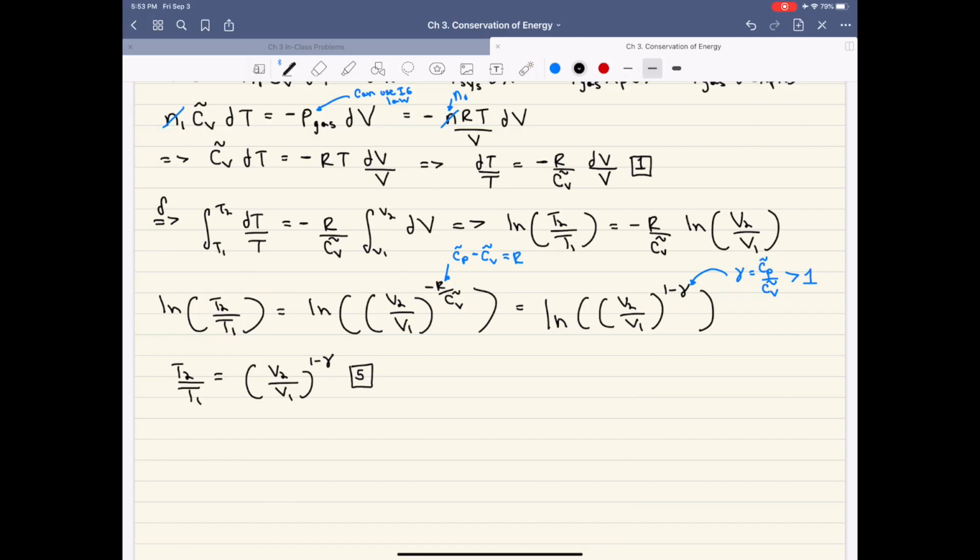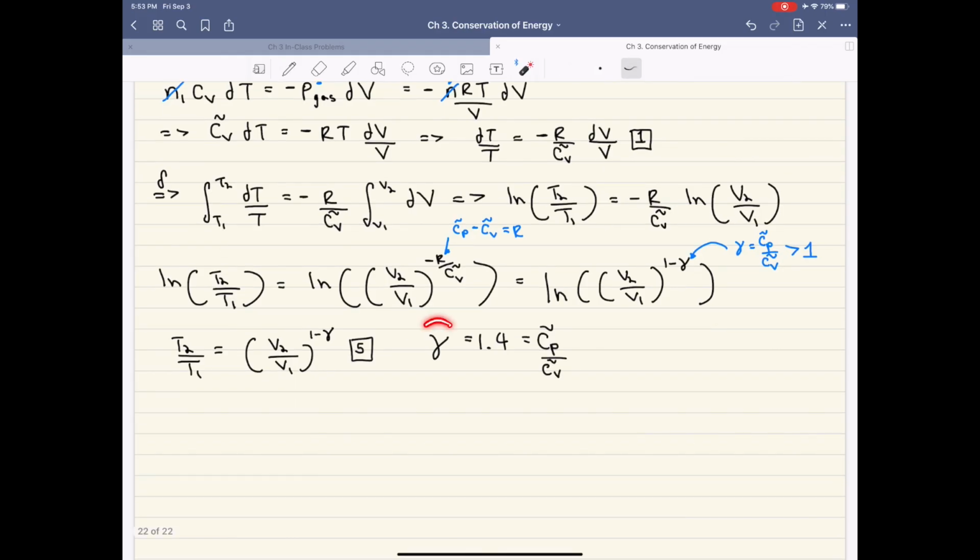And by invoking that CP is equal to CV plus R, what we get is that gamma is equal to 1.4. So once again, it's CP over CV.